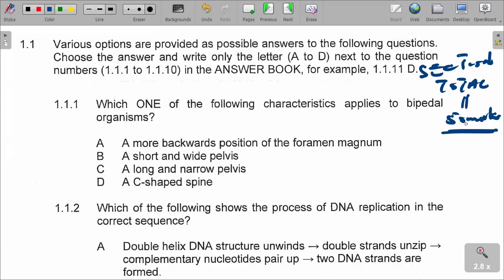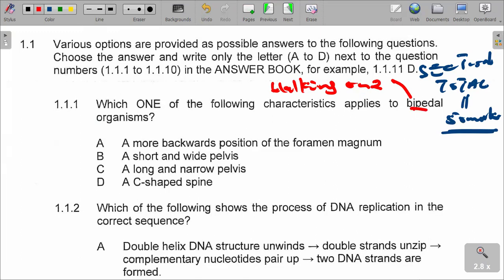Which one of the following characteristics applies to bipedal? We are saying bipedal. Remember, we talked about this also. If you refer to the channel, we are talking about organisms that are walking on two legs. A bipedal organism is walking on two legs.